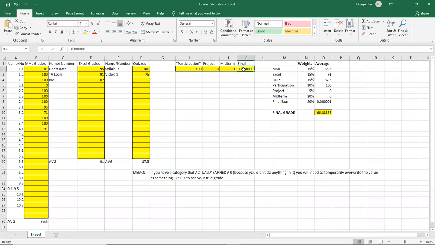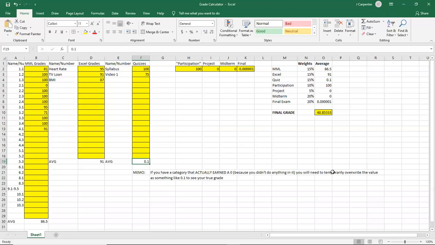Now, you need to undo that though, because let's say you originally didn't do any quizzes, so you said, all right, I have a 0 here, I need to put that 0.1 here so that everything accounts for it. But then if you actually did start doing your quizzes, this number right here is still going to be the 0.1, and you will have overwritten the formula that I created.